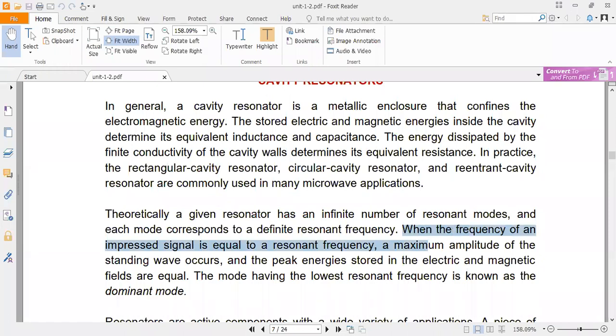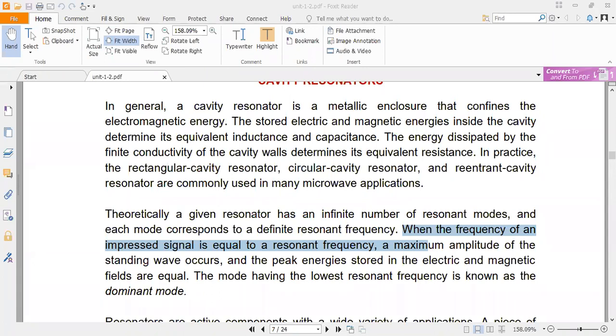Because both ends are closed, you're applying some input signal. Since this end is closed, what happens? You are going to get a standing wave. Since that end is closed, the wave is reflected back again. That wave we call a standing wave.